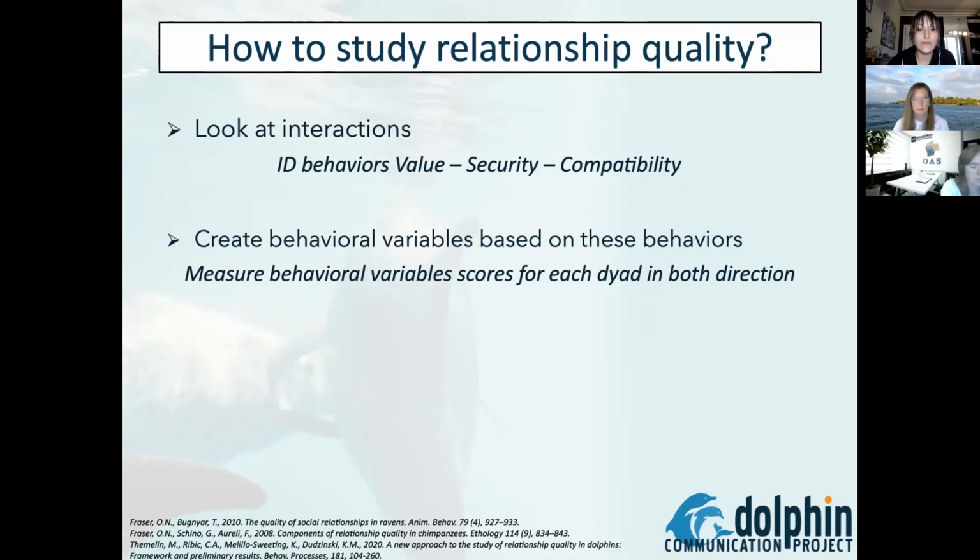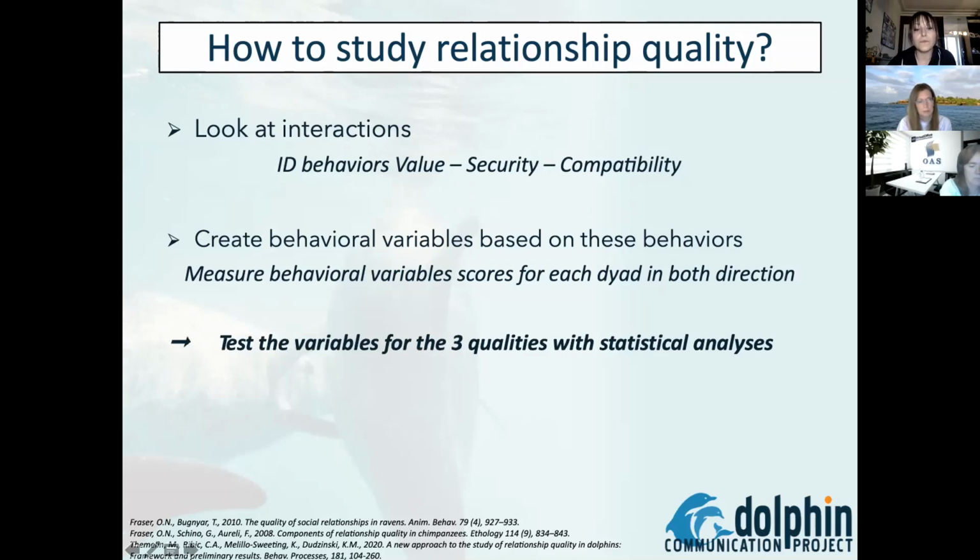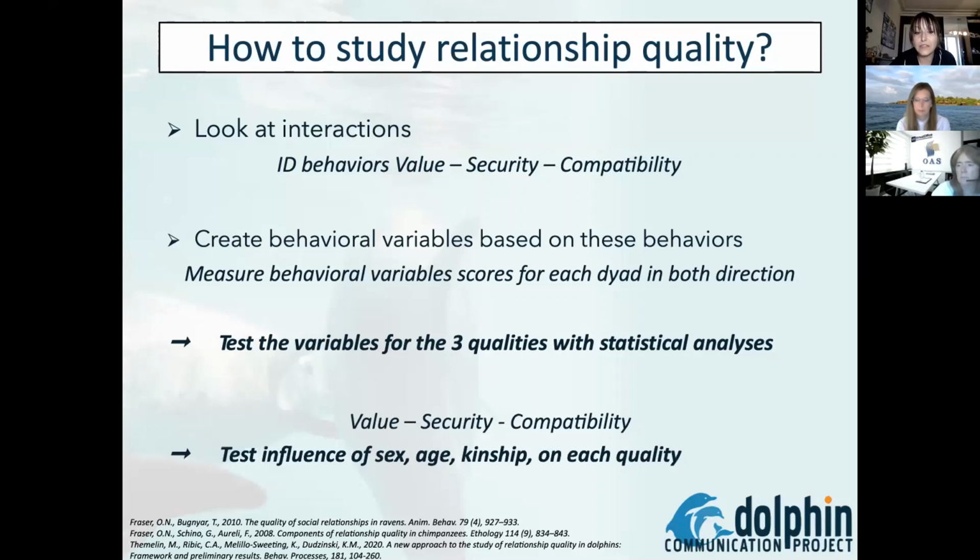And so once you have the measurement for all of your variables, you can test them for the three relationship quality components, which means if you have many variables, let's say 10 variables, and you manage to divide them in three categories, and in each category you have variables that correspond to the definition of value, security, and compatibility, then it means that you succeeded and you can go even further and study different effects of different factors on each of those components.